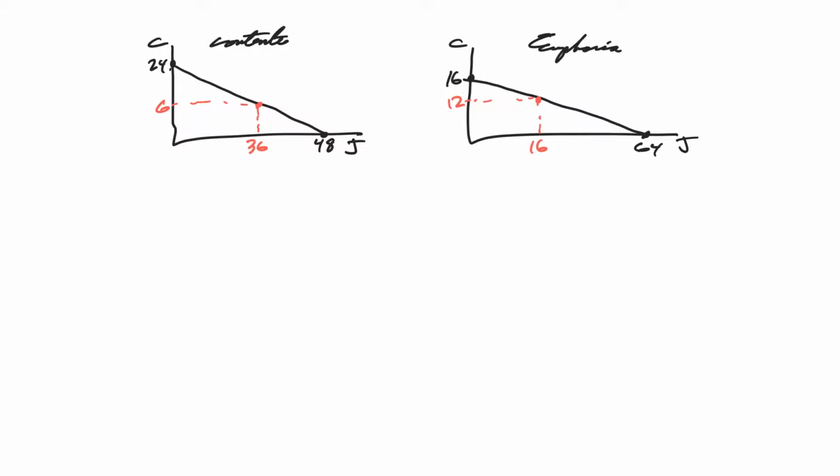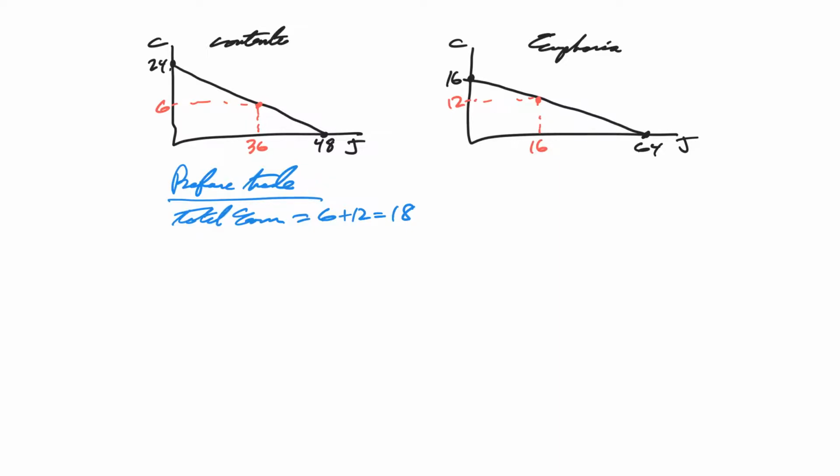So, before trade, let me write that down. Let's figure that out. Before trade, total corn. What was the total corn in the world? Between these, 6 was being produced by Contente, 12 corn was being produced by Euphoria, so that's 6 plus 12 equals 18.